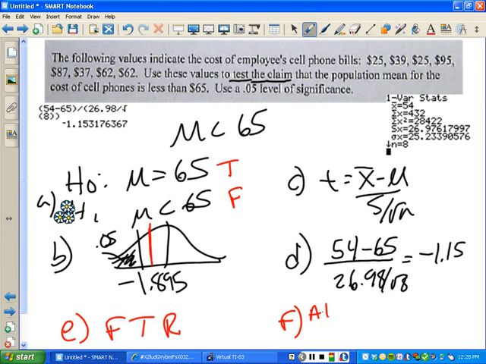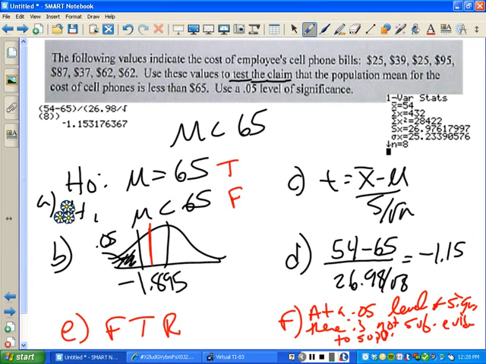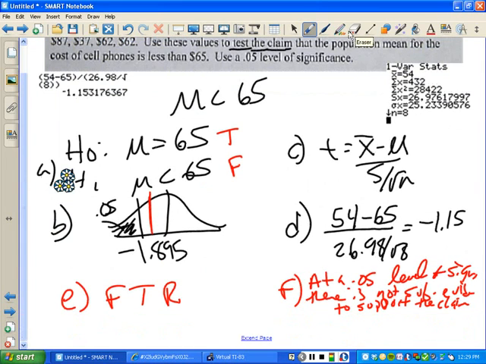So at a 0.05 level of significance, there is not sufficient evidence to support the claim that mu is less than 65.